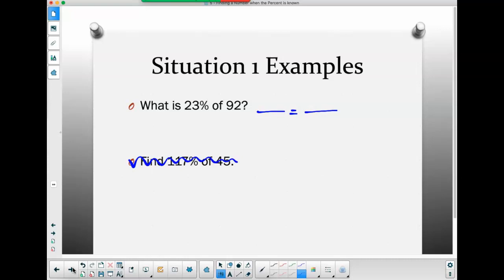Those of you at home, type your answer in the chat. And round to the nearest tenth.